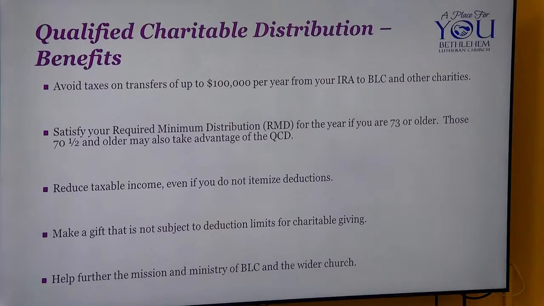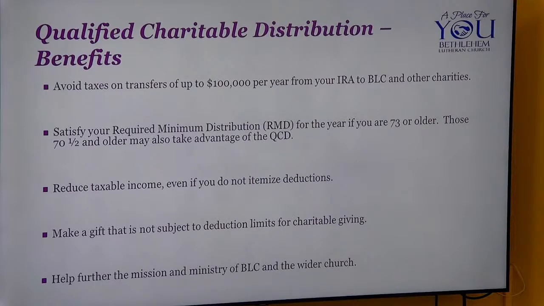What they have done is if you're over the age of 70 and a half, and the reason they picked 70 and a half, many of you who are over 70 and a half probably remember that used to be the age that you were required to take money out of your IRA, if you have one, okay? They changed the rule, so last year it was 72, and this year it's 73, and it's going to go up to age 74 in a few years.